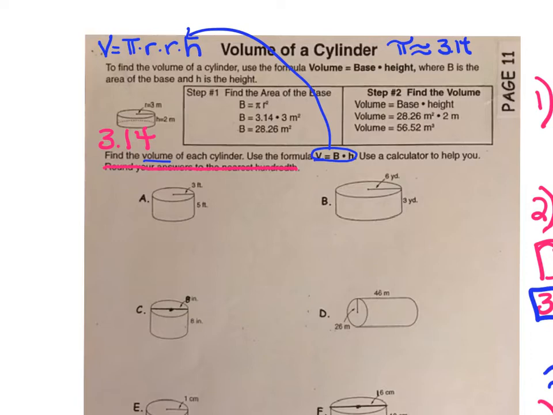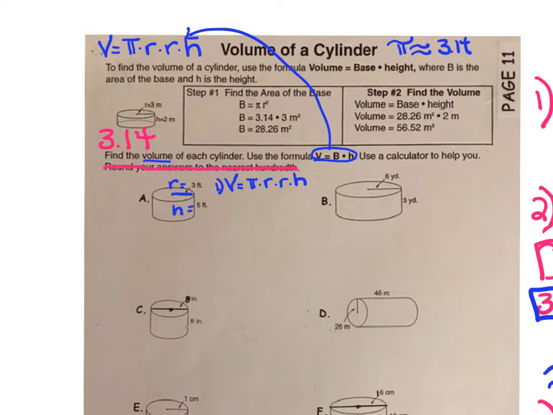Let's look at cylinder A. Step 1, jot down the formula V equals pi times R times R times H. We know that R stands for the radius, which is 3 feet, and we know H stands for the height, which is 5 feet.